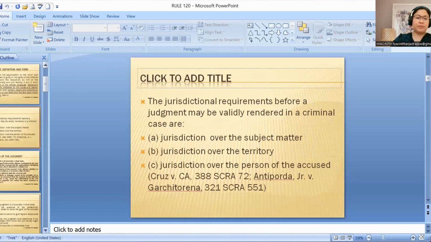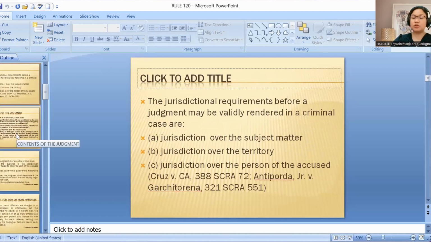Remember when we had a topic on jurisdiction, that you have the requisites wherein the court has acquired jurisdiction. So the jurisdictional requirements before a judgment may be rendered in a criminal case are as follows.